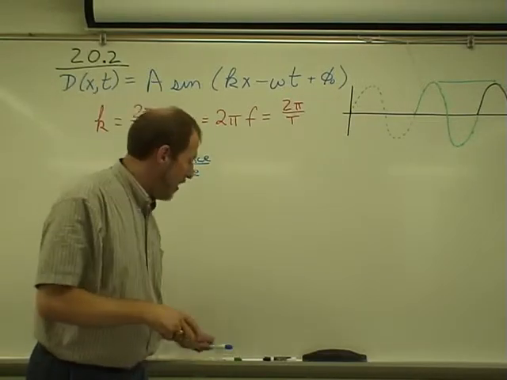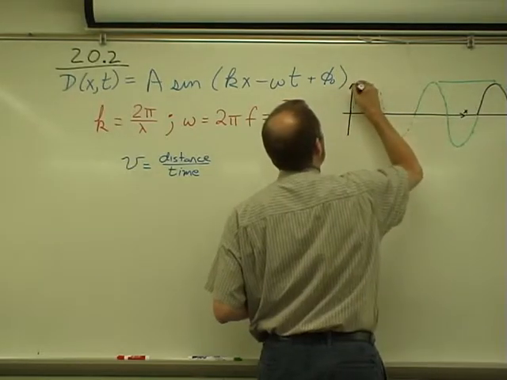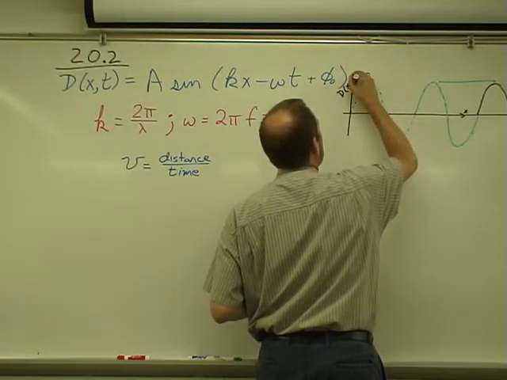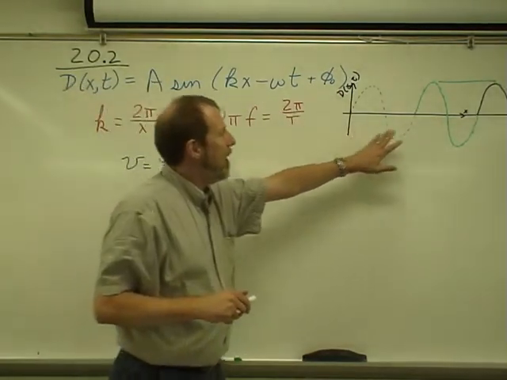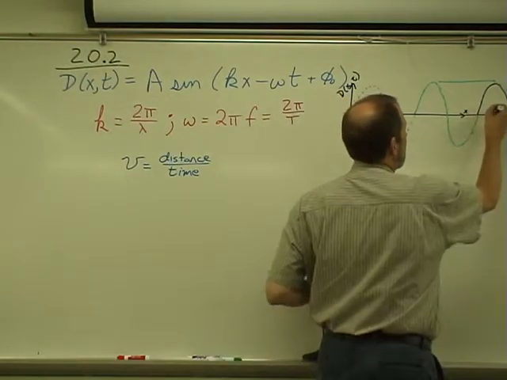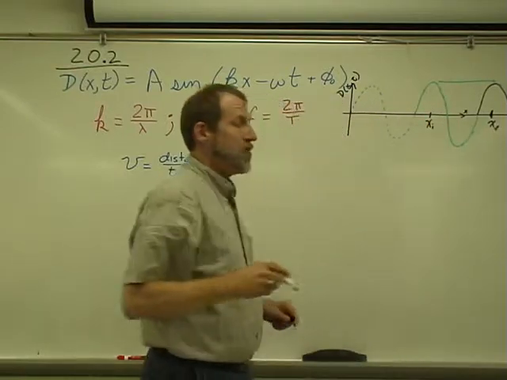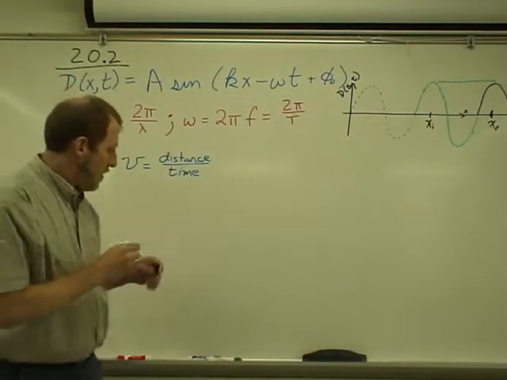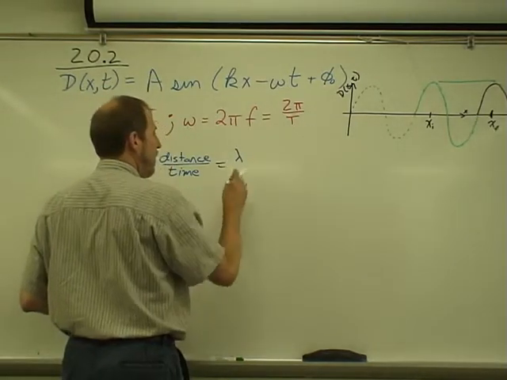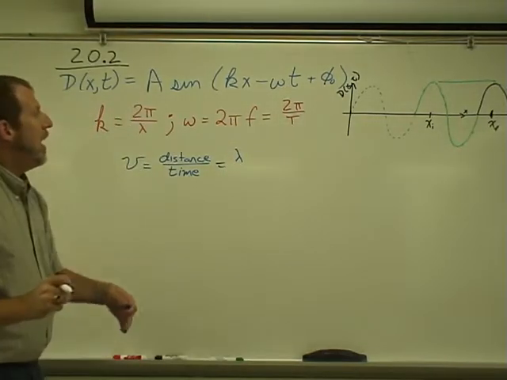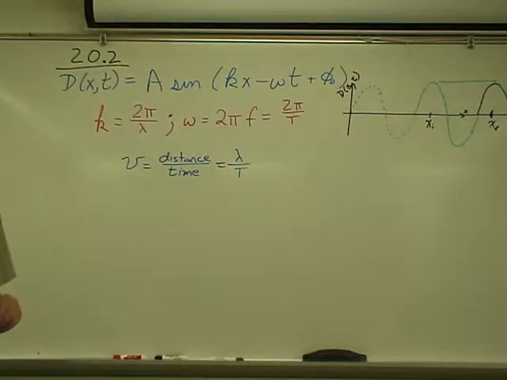Where I'm looking at this as frozen, I'm looking at this as very specific, locking down this idea of like, here's a particular position, x final, here's a position, x initial. It's moved between those two. So the distance, in this case, would be the one wavelength moved, and the time it took would be, by definition, one period.